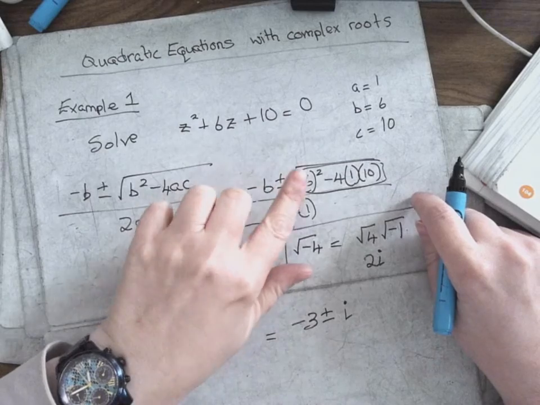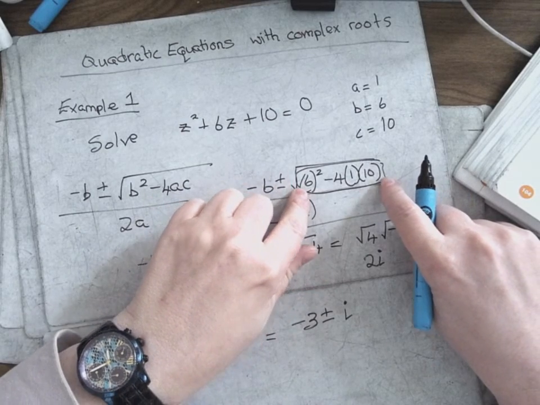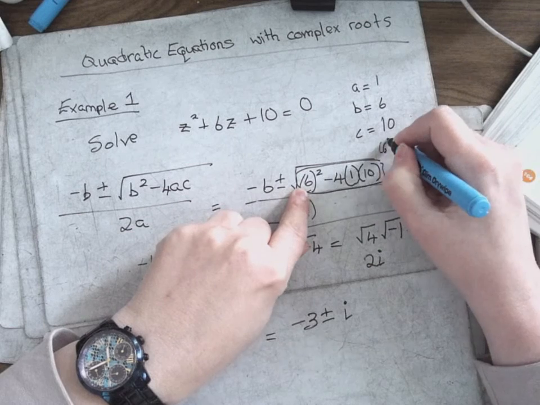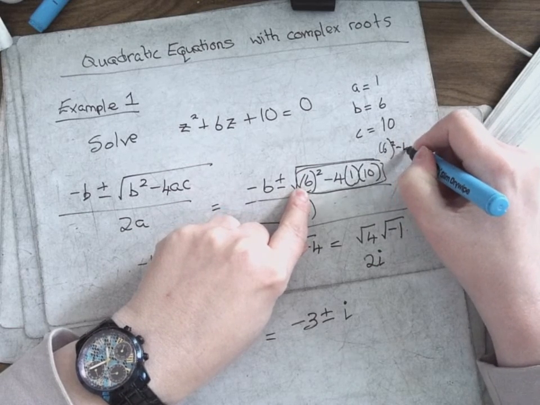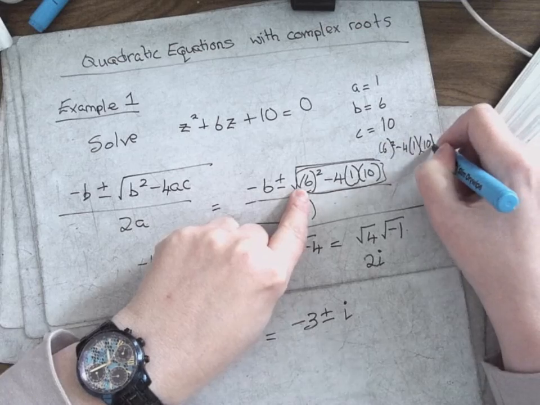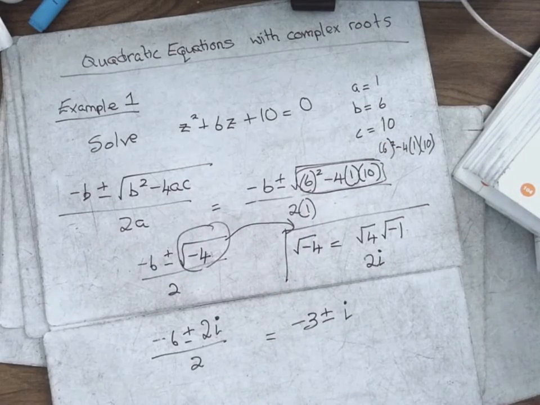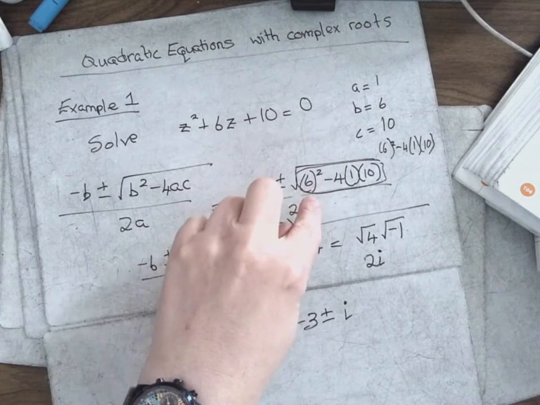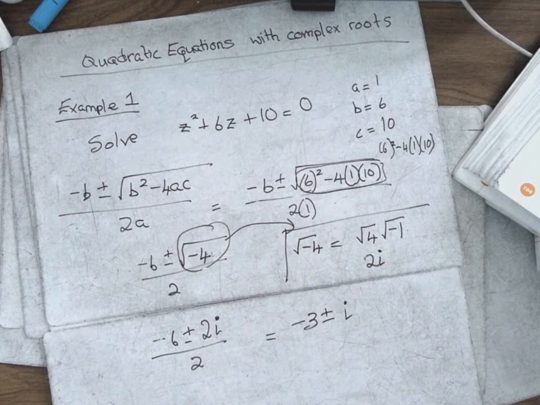So the only bit you're going to type into the calculator is the 6 bracket squared minus 4 bracket 1 bracket 10. You can't put it all in one go anymore like regular algebra. You can only put in what's under the square root sign, not the square root sign, because it will give you an error message.